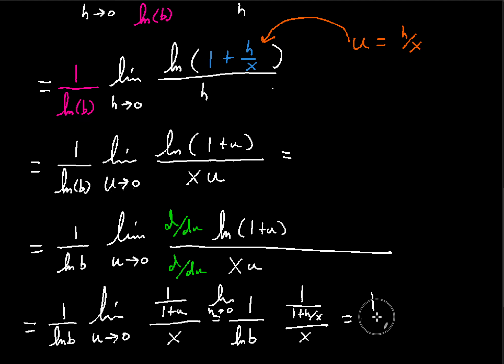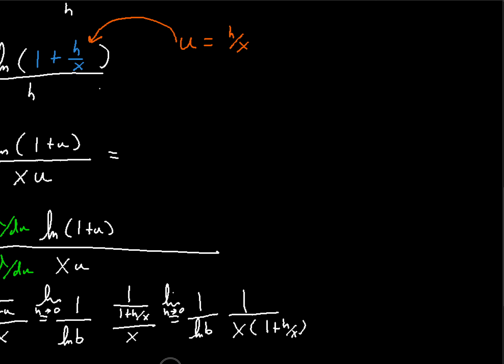Now, 1 over natural log of b, 1 over, and I forgot it again, the limit as h approaches 0 of x times 1 plus h over x. All right, notice what's going to happen there.